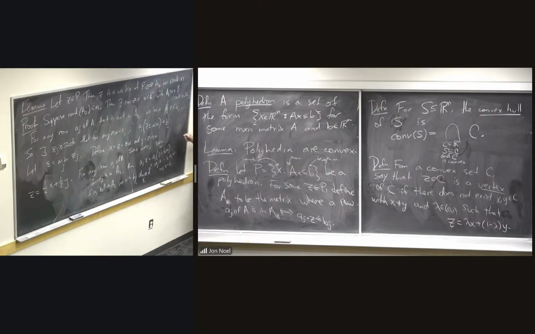So yeah, this might be a little bit sloppy, but this is proving that x and y are both in P. So this is one direction of the proof. But are there any questions about this? It's written more properly in the notes.